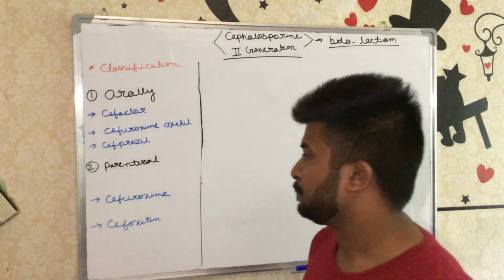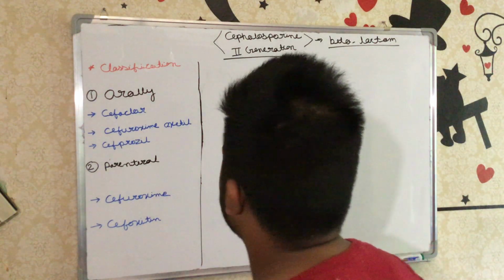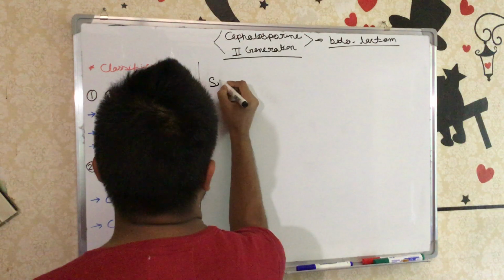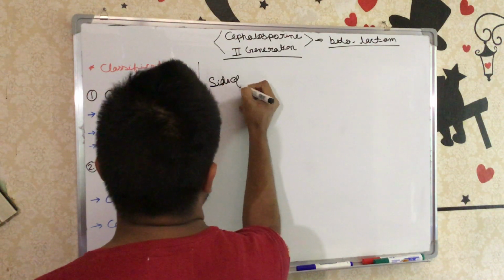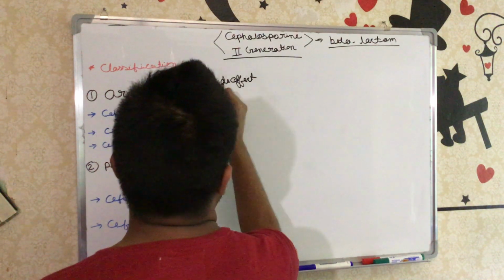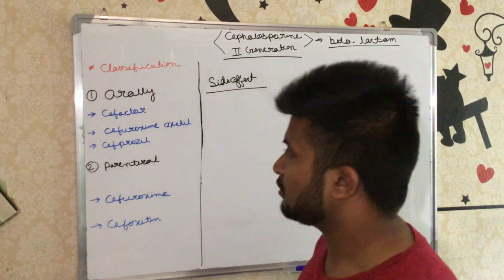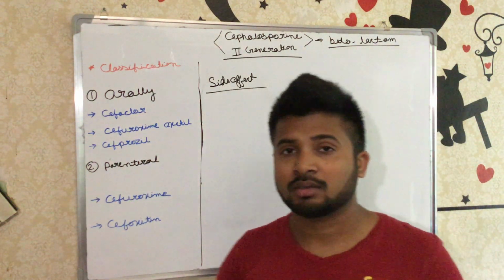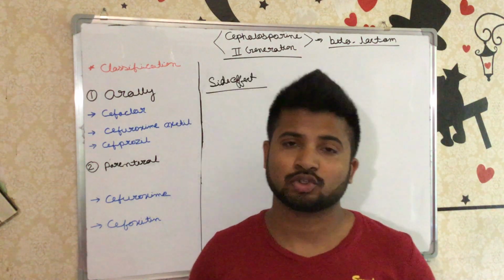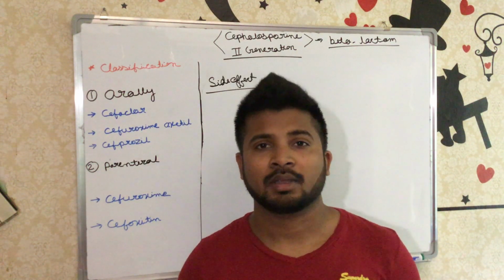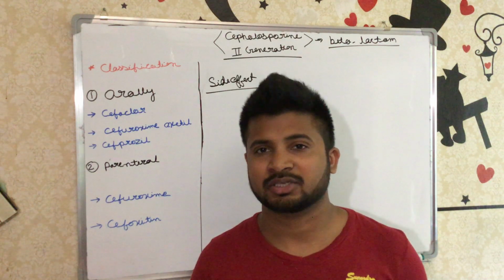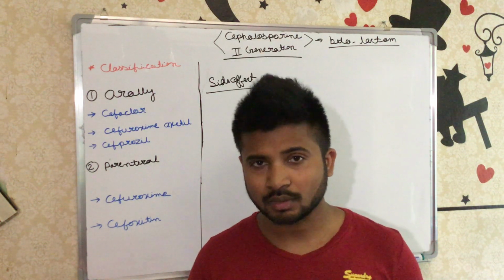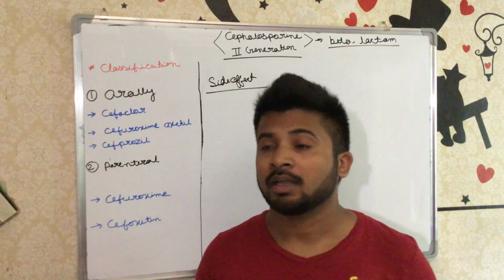After that, the side effects. About the pharmacokinetics, as I said, these are given orally and parenterally, and as usual the drug is metabolized by the liver, with very fast excretion by tubular excretion.